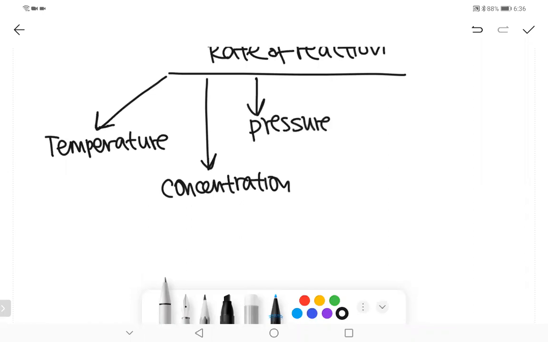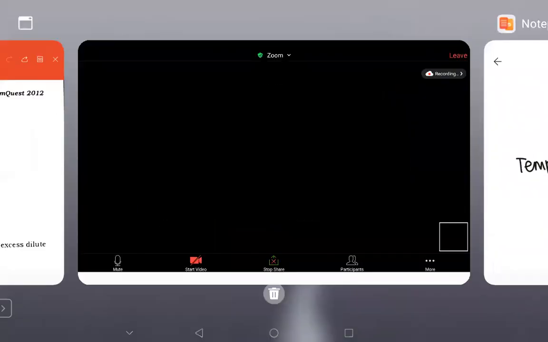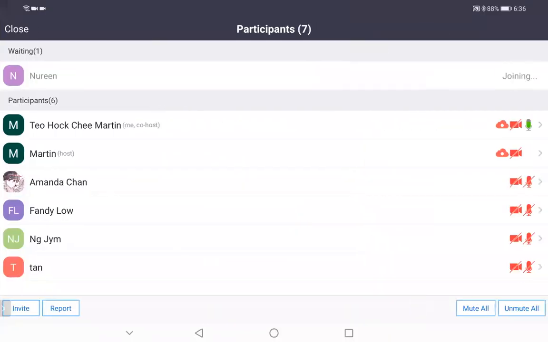After that, we have size. By changing the size, we can change the rate of reaction as well. And lastly, we have catalyst. So these are the 5 factors that can potentially change the rate of reaction. If you want to make the reaction faster or slower, these are the 5 things you can play around with.